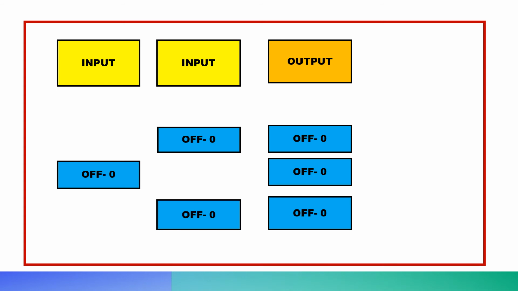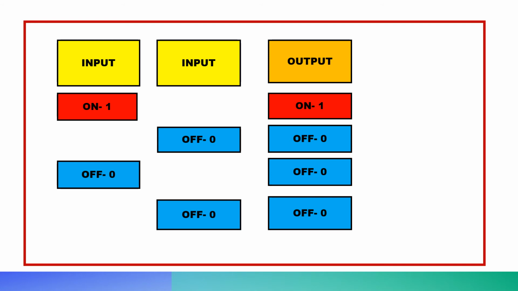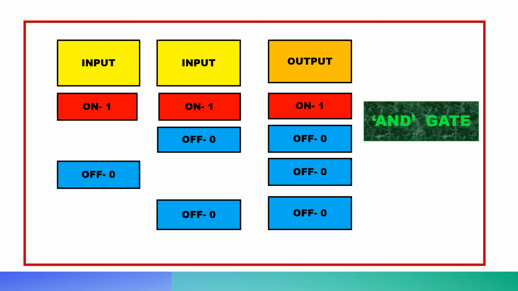And the circuit will flip its output as 1 only if the first signal, which is the input, and the second signal, which is the input, are both 1. We call this circuit an AND gate.